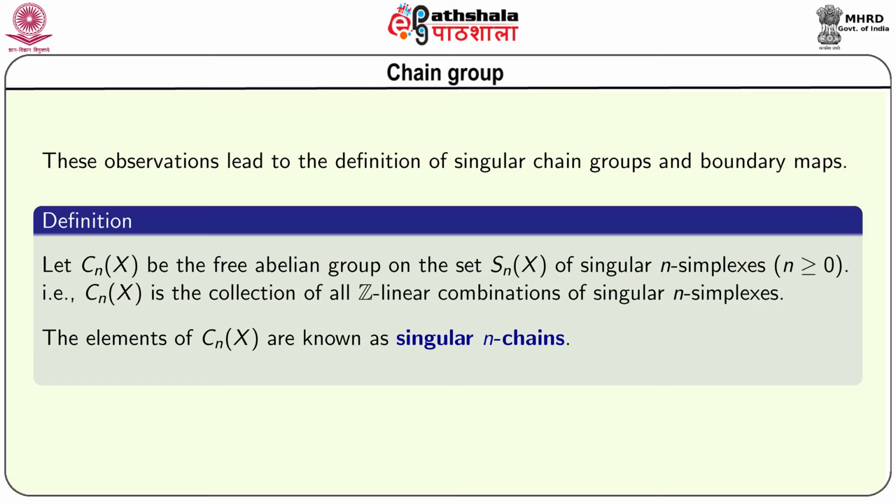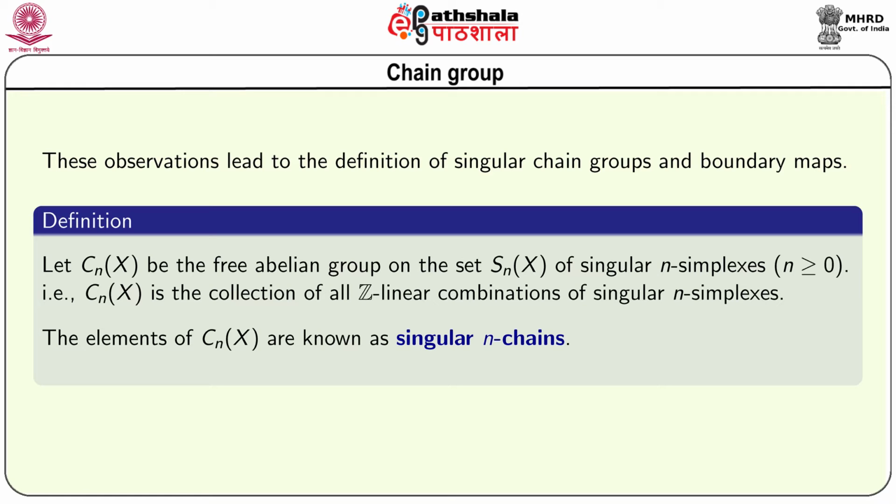Now, from the previous observations, we define singular chain groups and boundary maps. Let us suppose Cn(X) be the free abelian group on the set of generators Sn(X), where Sn(X) is the collection of all singular n-simplexes.